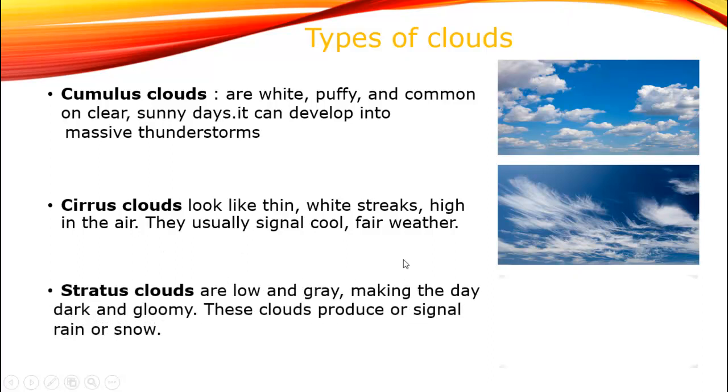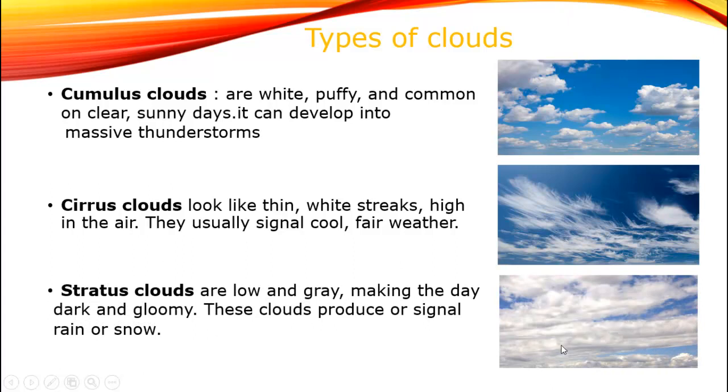Stratus clouds are low and gray, making the day dark and gloomy, and this is a sign of rain or snow. So the stratus clouds are low and gray and are a sign of rain or snow.